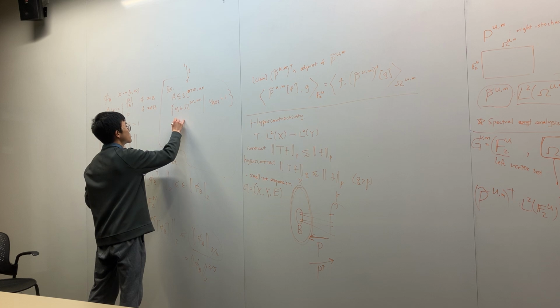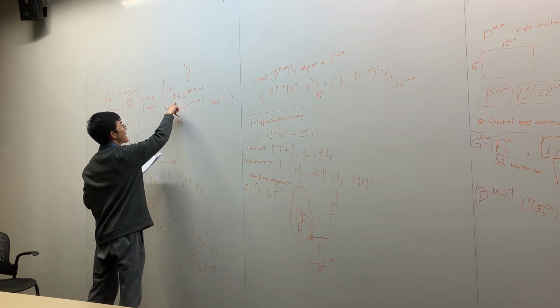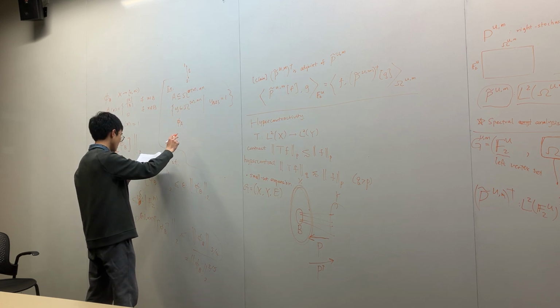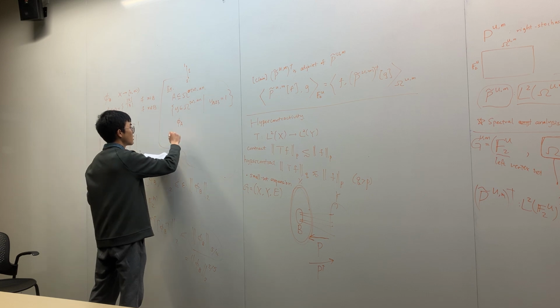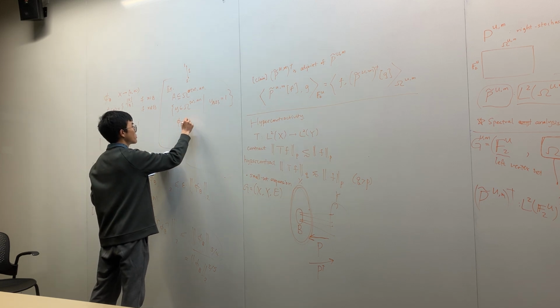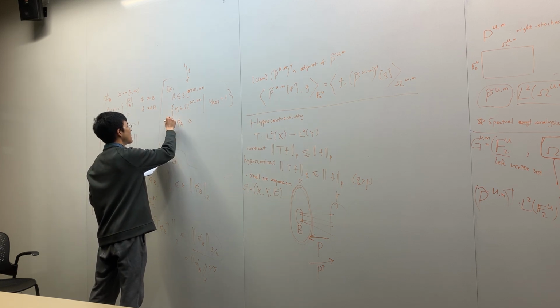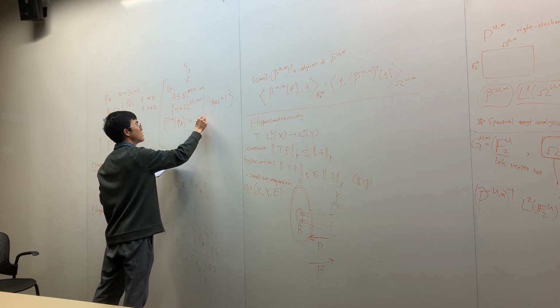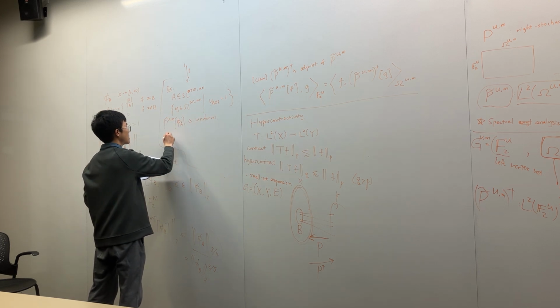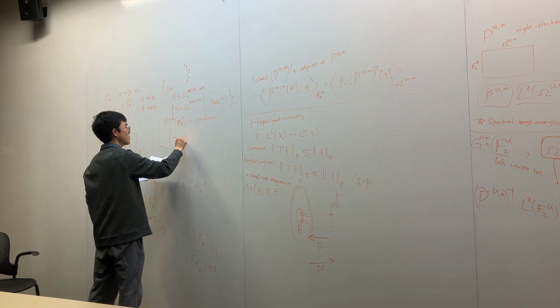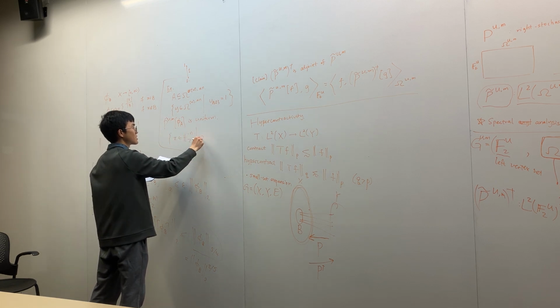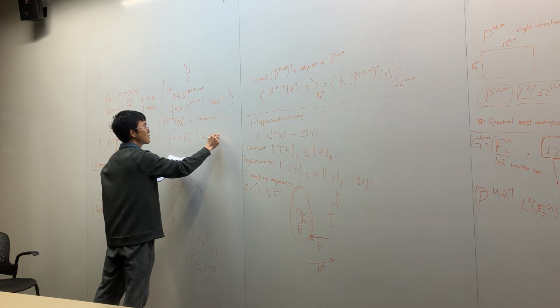And the uniform distribution on this set pulls back to the uniform distribution on all solutions such that x1 plus x2 is 1.